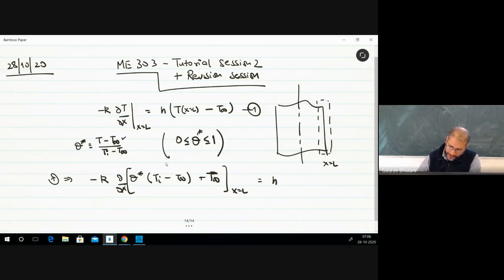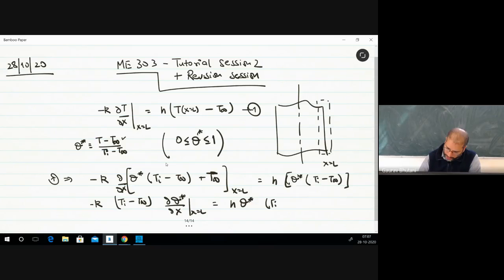We already know that T minus T infinity is theta star times Ti minus T infinity. So del by del x of T infinity becomes 0, and Ti minus T infinity is a constant. So this becomes del theta star upon del x at x equal to L is h theta star times Ti minus T infinity. Okay, so this Ti minus T infinity gets cancelled.